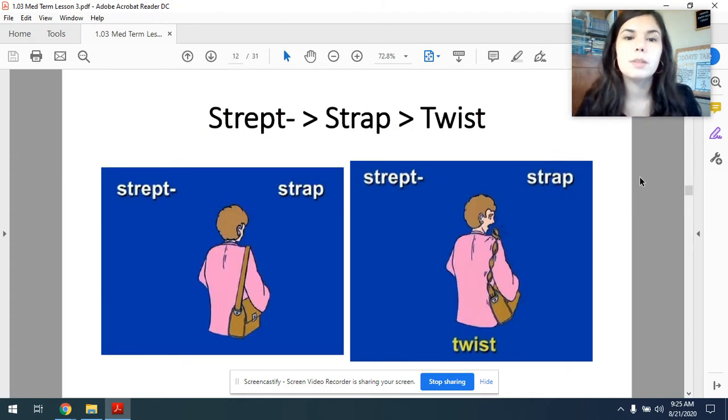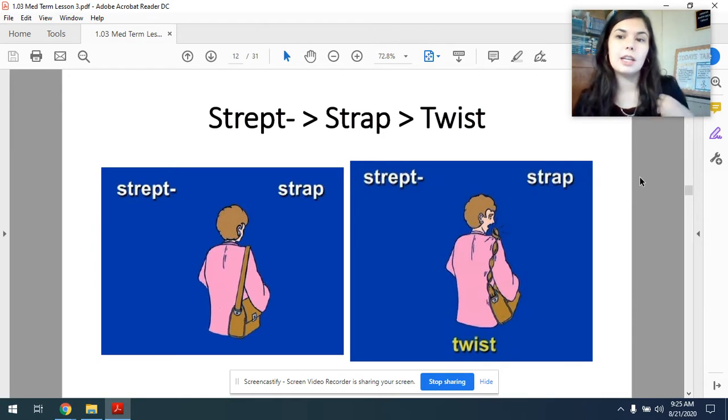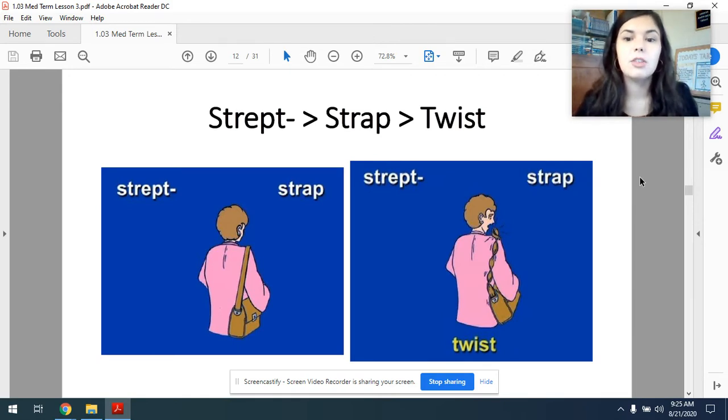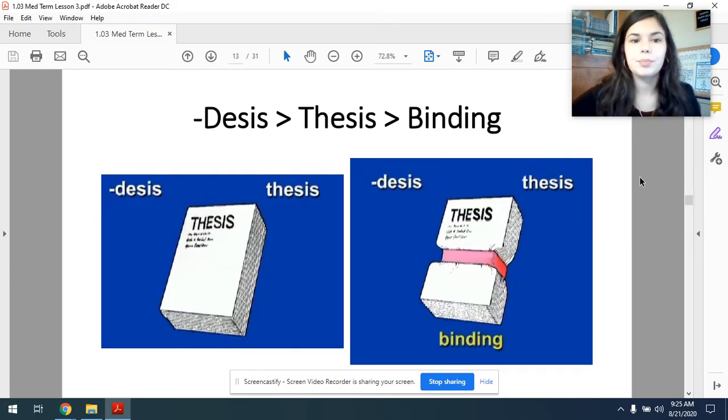Next is strepped. Here we can see an image of a lady's purse strap. Strepped, strap. And it simply means to twist. So think of when you have strep throat and it kind of feels like twisted up and you can't talk and itchy and scratchy. Strep, strap, and her purse strap is twisted. Twist. Next is desis.